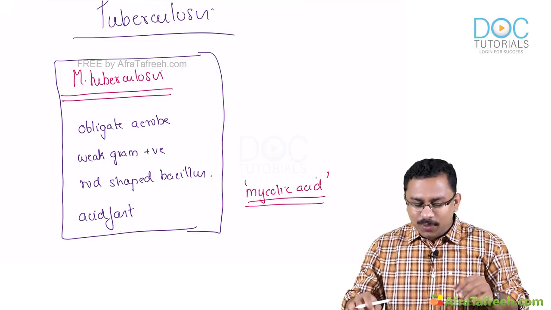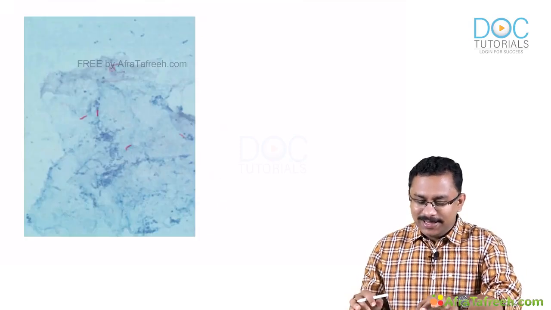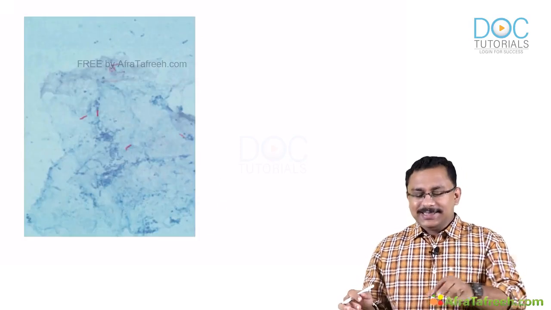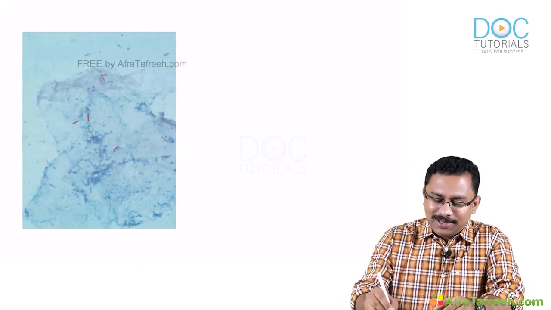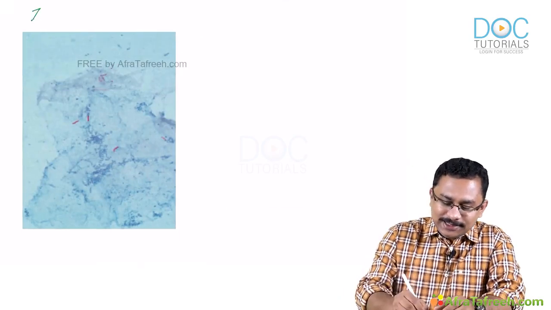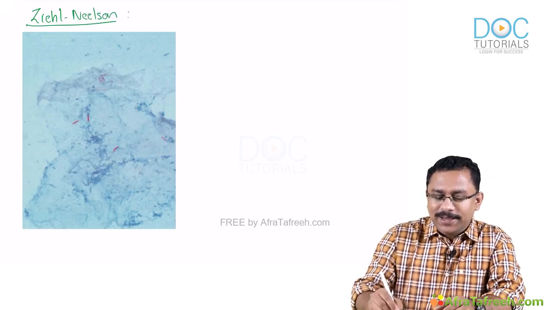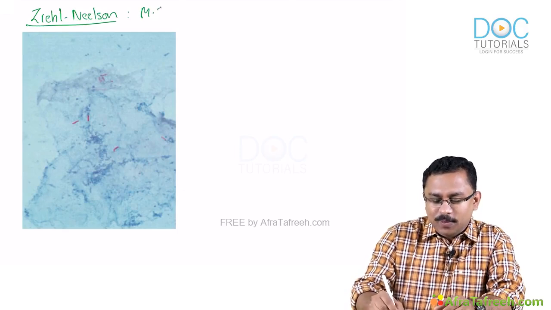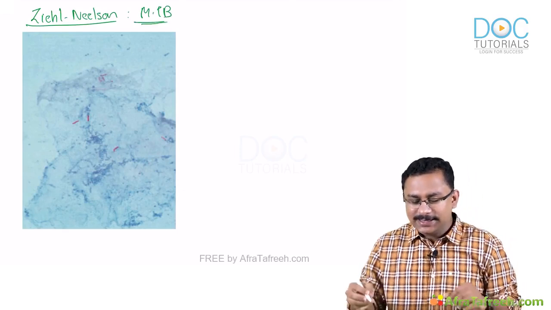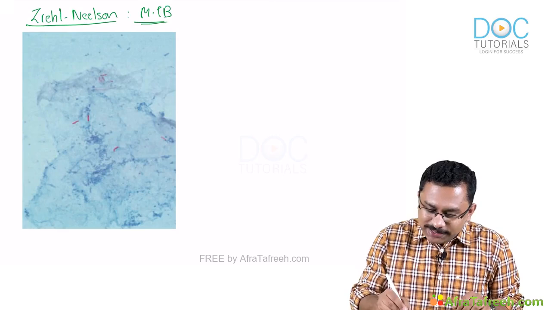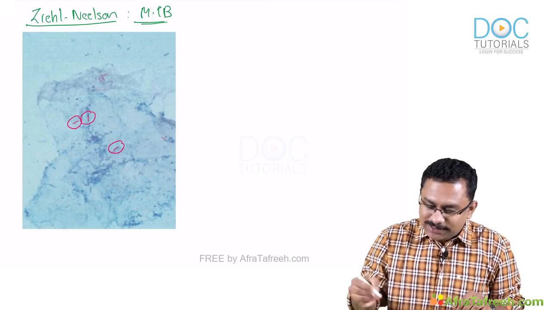So let's meet our villain here. He is our villain. This is nothing but a Ziehl-Neelsen staining of Mycobacterium tuberculosis, which is acid fast, and you are able to appreciate these rod-shaped structures throughout.